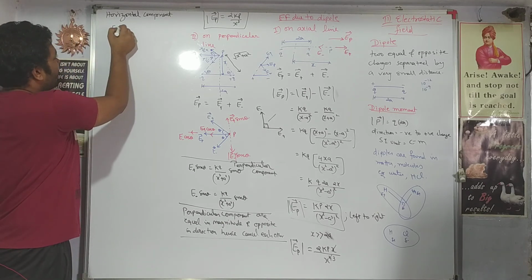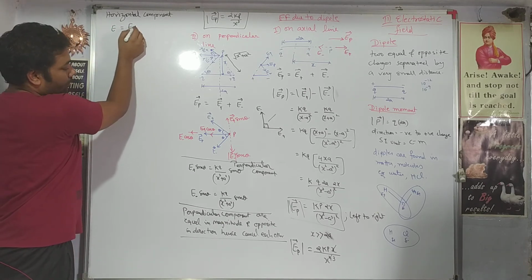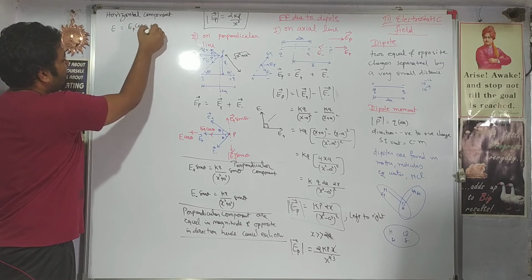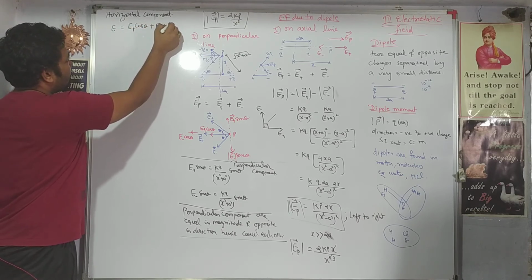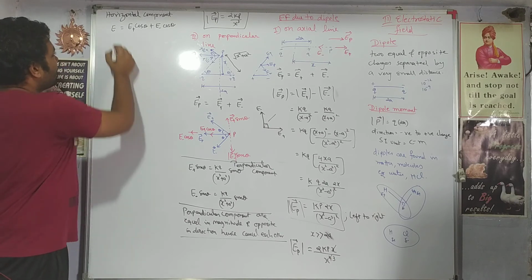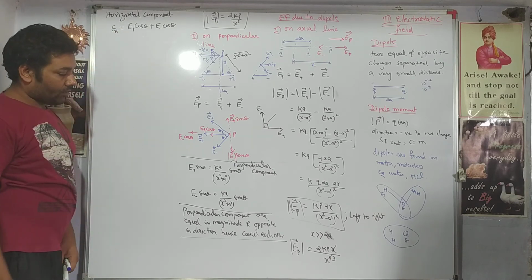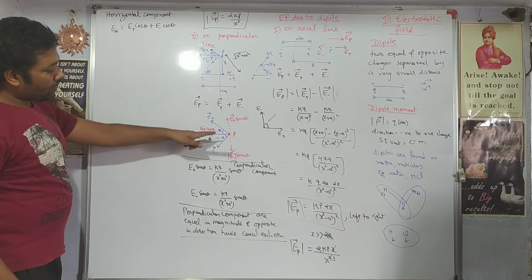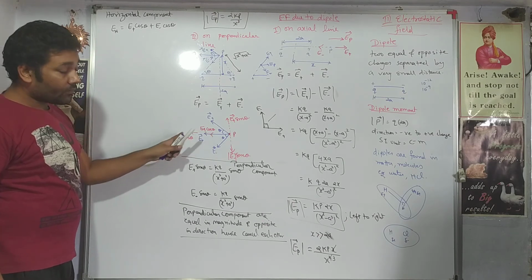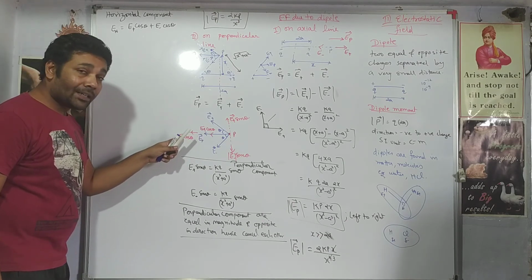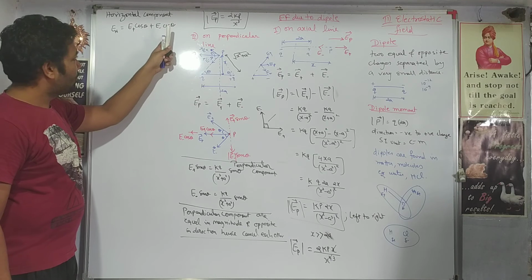It will be E plus cos theta and E minus cos theta, right? The horizontal component you can write down here as EH. For the horizontal direction, both of them are in the same direction, collinear vectors, so directly they will get added up.